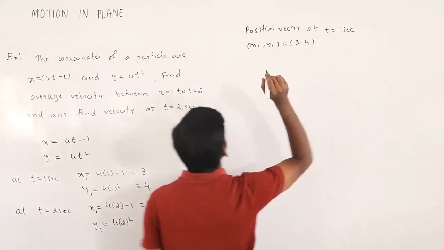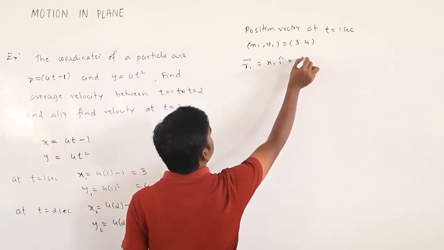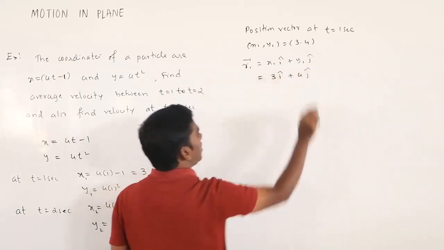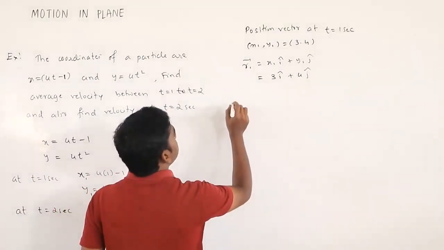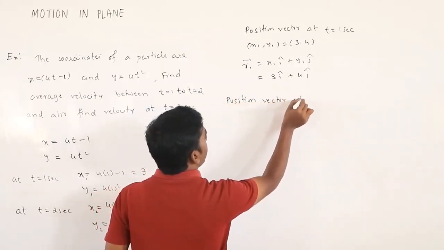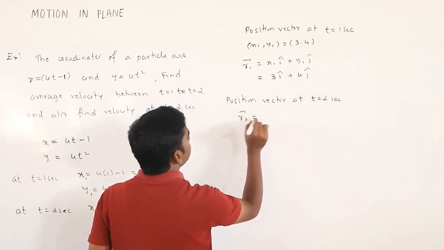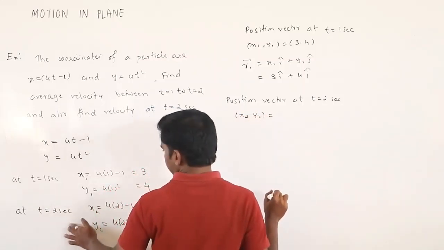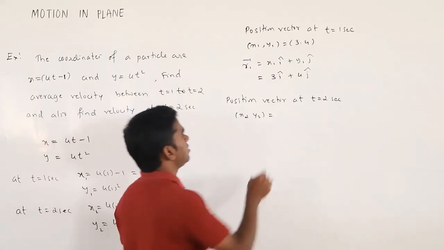Now r1 is x1 i cap plus y1 j cap, which is nothing but 3 i cap plus 4 j cap. Now the position vector at t equals 2 seconds is r2, where x2 comma y2 are 7 and 16.